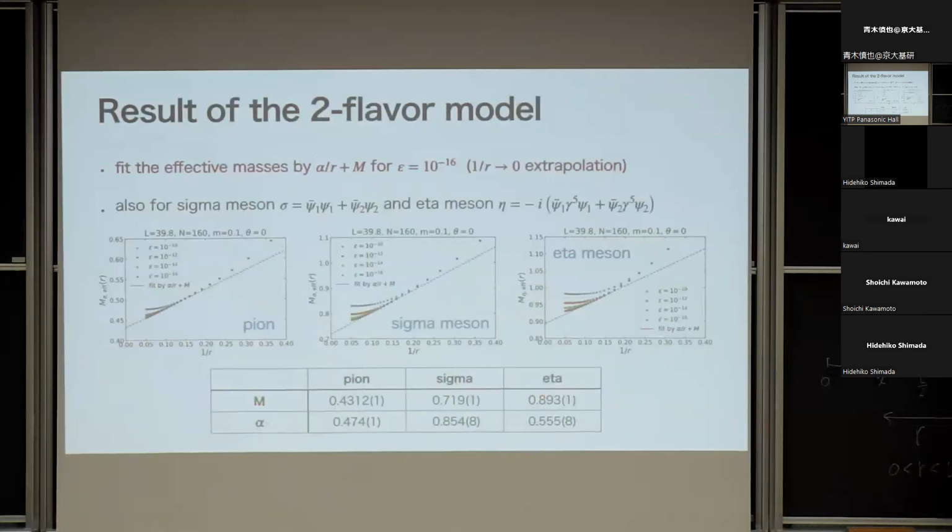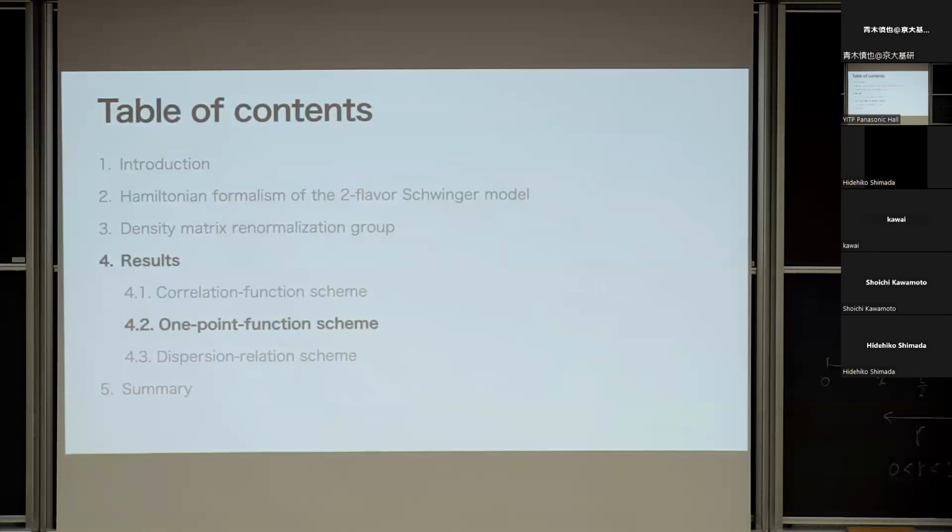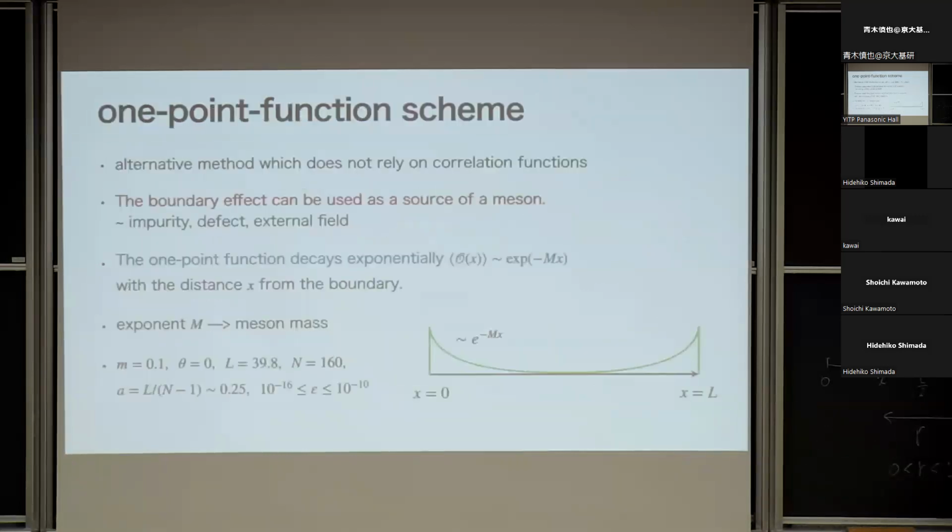So anyway, there is some difficulty in the setting of bond dimension, but we can obtain this result of meson mass. And next we go to the one-point function scheme.